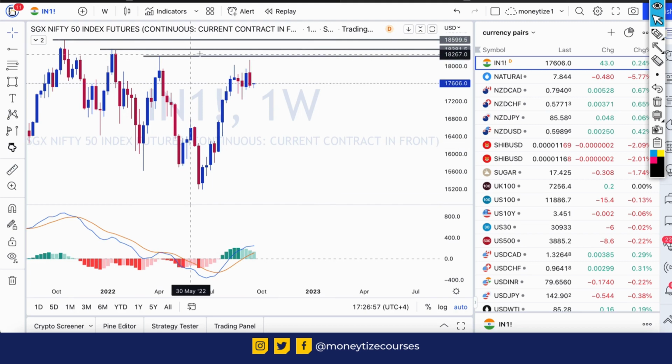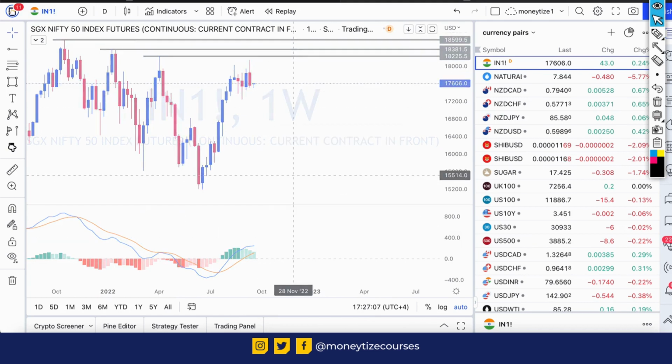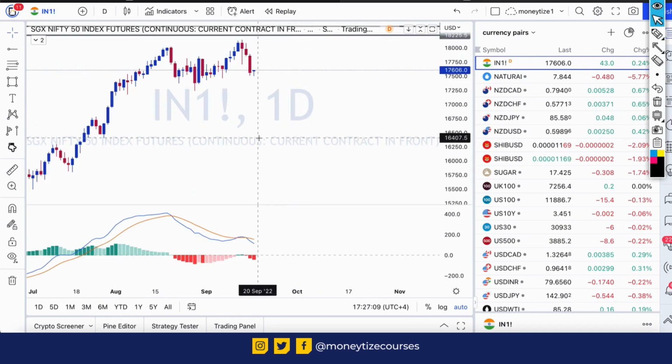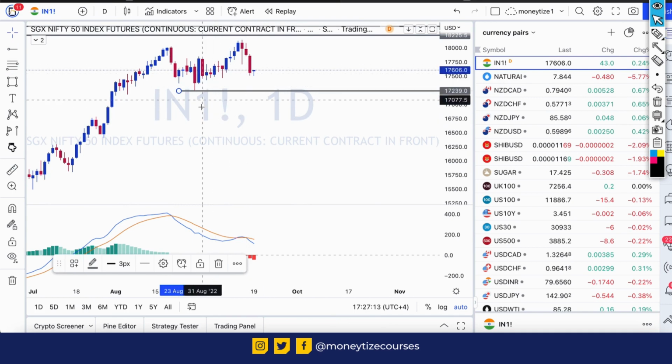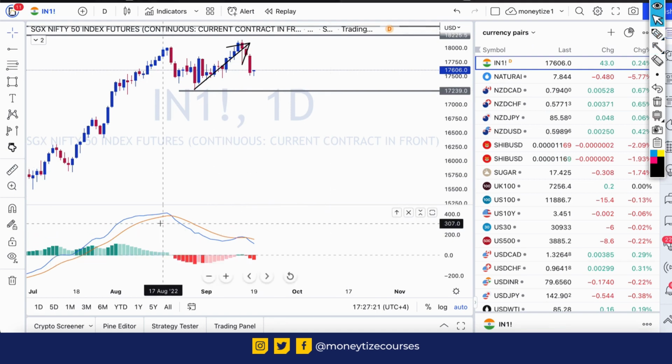Okay, so let's focus on the first two levels, that is 18225 to 18381. Again, this is the base from where the final push happened. This one with bearish divergence.